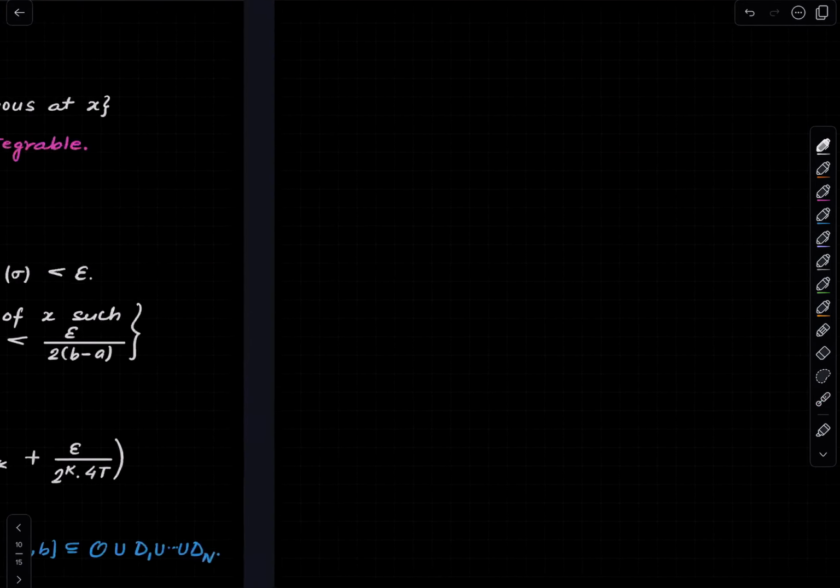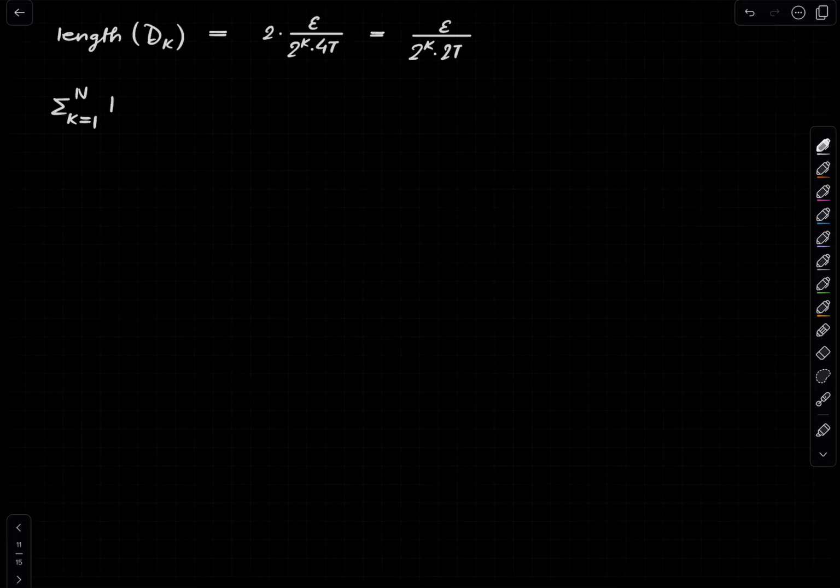So the length of dk is twice of epsilon by 2 to the k times t, which is epsilon by 2 to the k, 2 times t. And therefore, if we sum up the lengths from 1 up to n, so what do I mean by length?